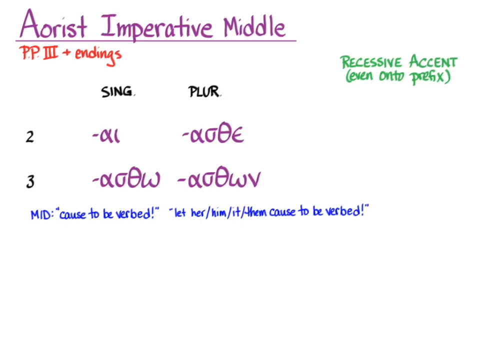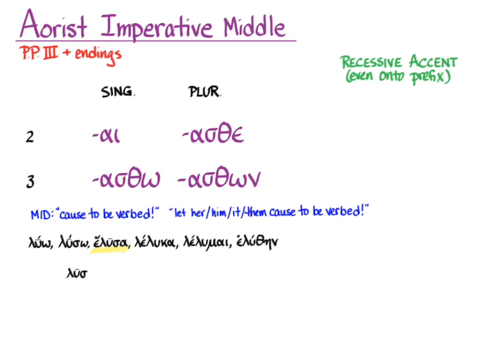The accent, again, is recessive, even onto the prefix. And you should know here that that alpha iota at the end of the word in the second person singular is short for the purposes of accent, and that matters. You've had other places where alpha iota at the end of the word is long. Here we have luo. We go to the third principal part. We take that stem.